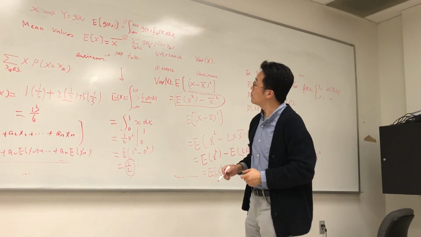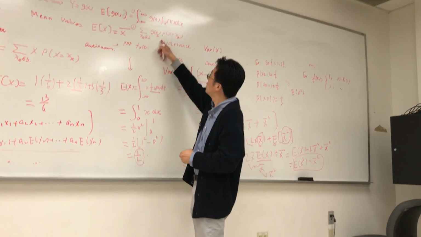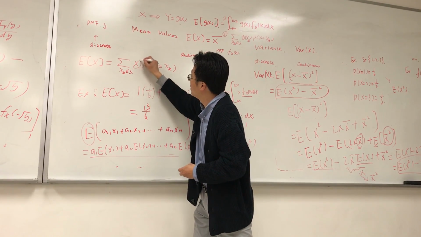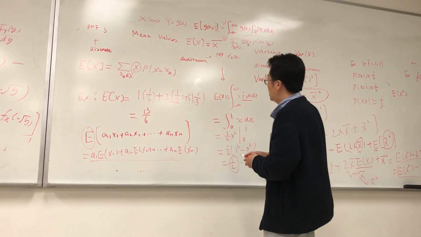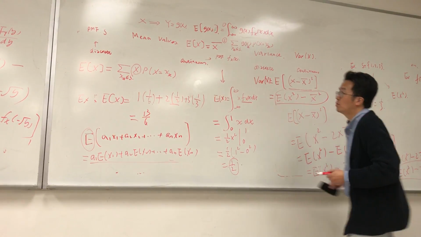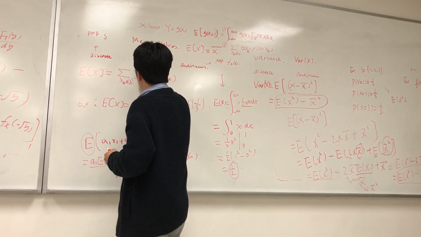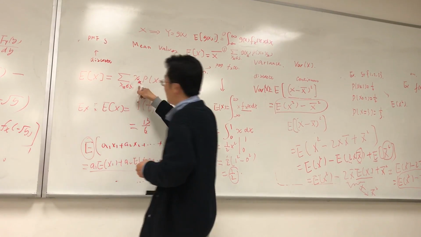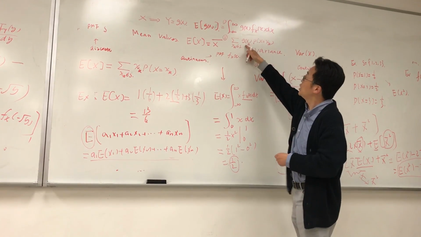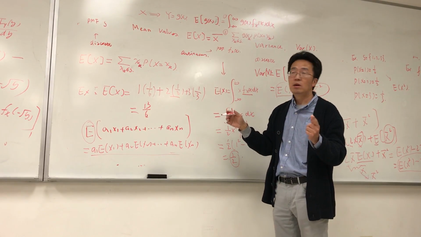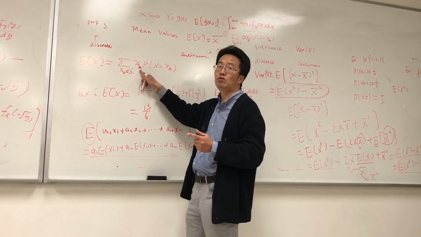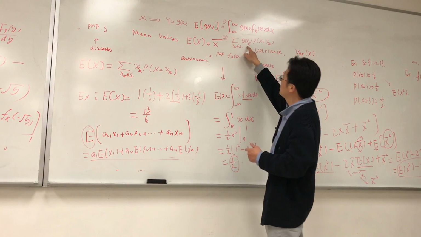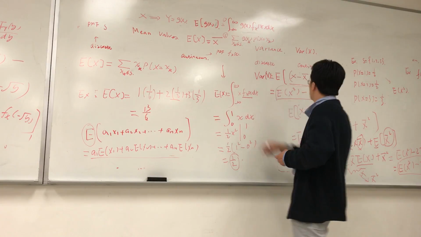If we compare with the mean calculation, the difference is that originally it is x, and here it is g of x_k. Oh, there's a typo here, it should be x_k here. That's the only difference. This can be treated as the identity function, Y equal to X, and here this is g of x_k.